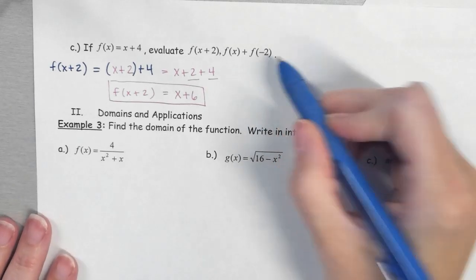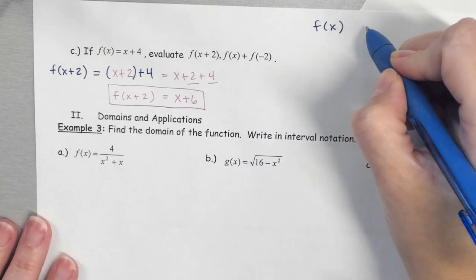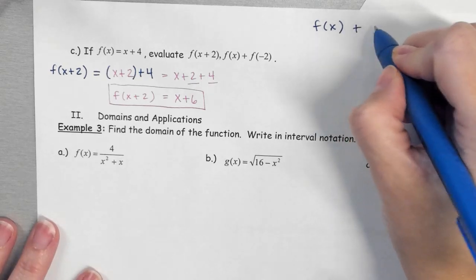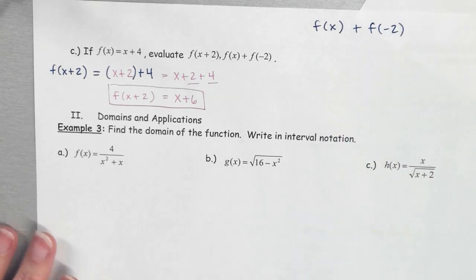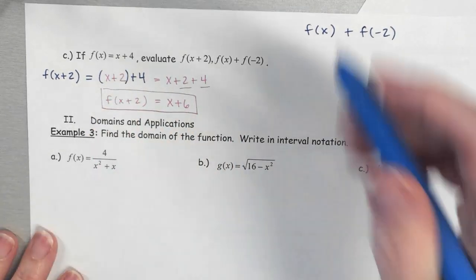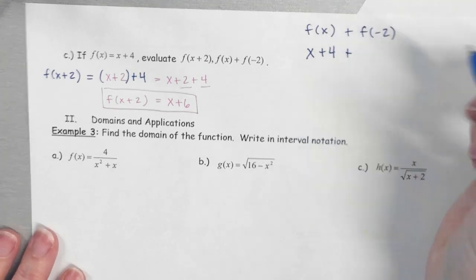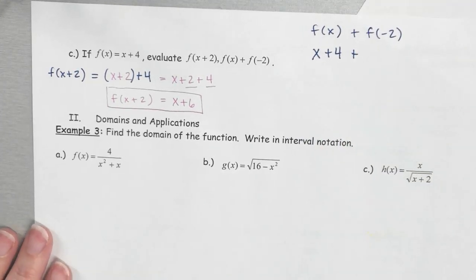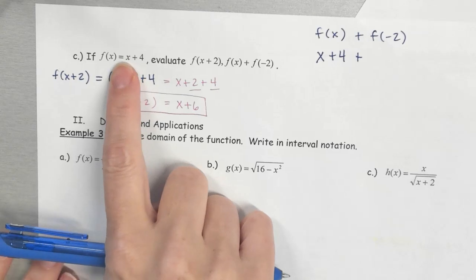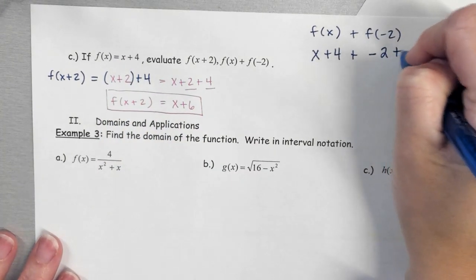Okay, now for this one, you have the f of x plus f of negative 2. So your f of x is just x plus 4, and then it's plus the f of negative 2. Instead of x, you're going to replace it with negative 2.